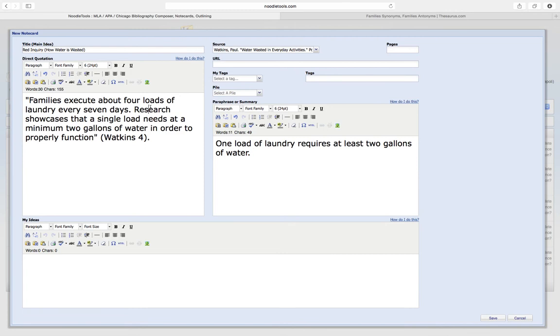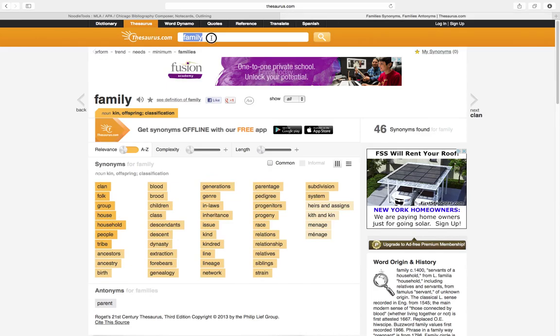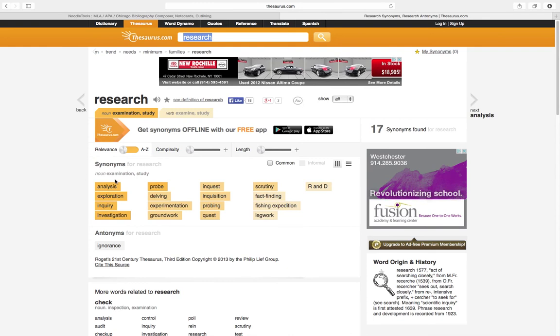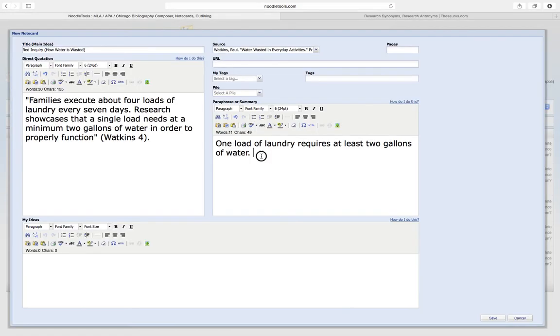Also, instead of research, I'm going to go here. I'm going to find another synonym for research. Let's say I look through it, I don't like anything, but I see studies right here. So I go, all right, great. So studies. Now it says research showcases. That just means studies are proving.